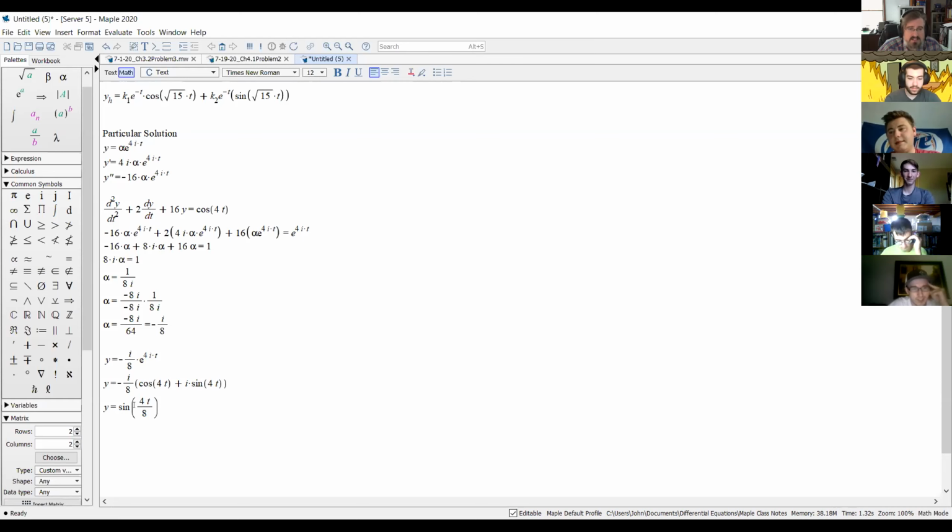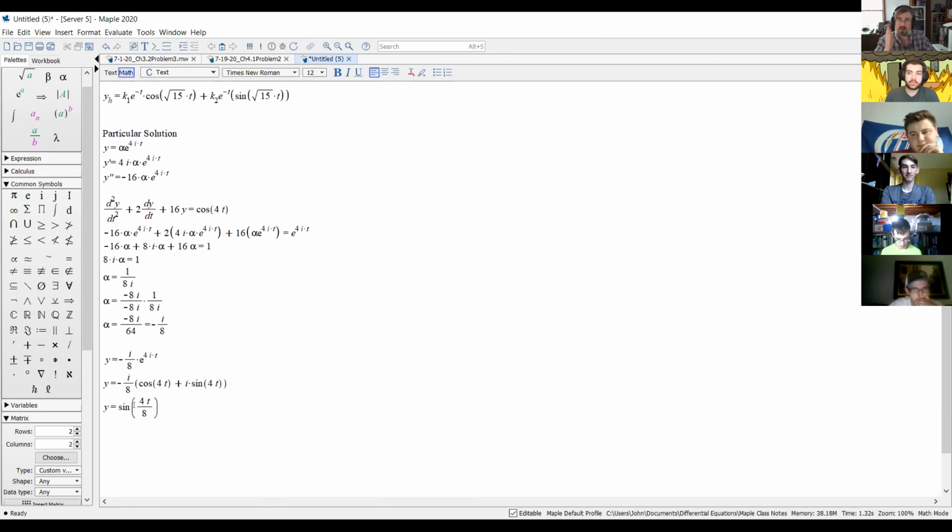So the very last step there is you've got your particular solution, which is -i/8 times the cosine and the sine thing. And really, which part of the solution do we care about for the particular solution? The real part. The real part, because our forcing function, way at the beginning, is a cosine. So the real part of that, when you multiply the i/8 through, is the sine part of it.